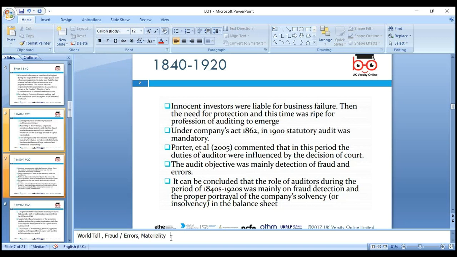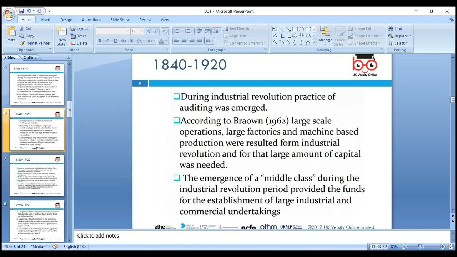So if you are missing a 10 pound voucher, you are not recording it, but is that 10 pound really material in terms of a 20 million worth company? If somebody is not declaring 10 pound worth of expenses properly, it's an error, but it's not material, because you have shown the material facts and figures. That comes under materiality. The auditor needs to look at the material facts.